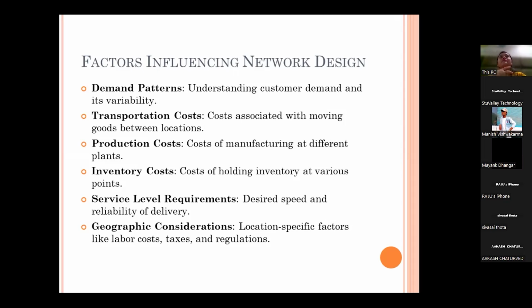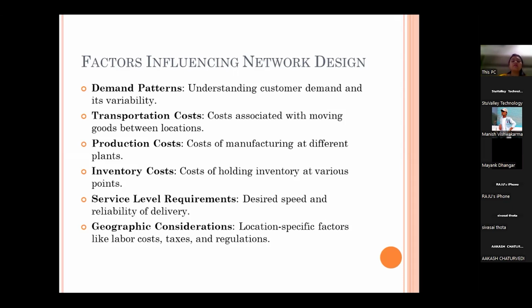If we want loan funds from the government, they are given easily with very little paperwork. So there are many factors which influence supply chain network design, transportation, inventory levels and service level requirements.